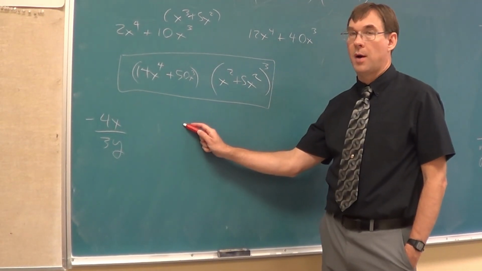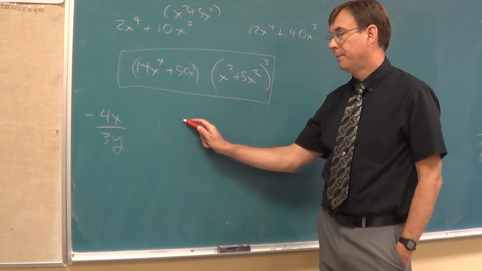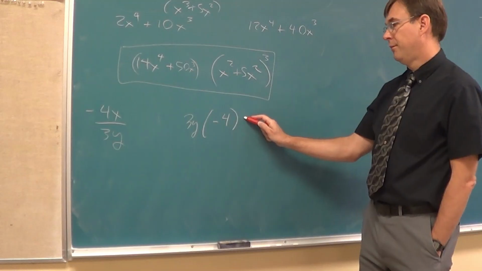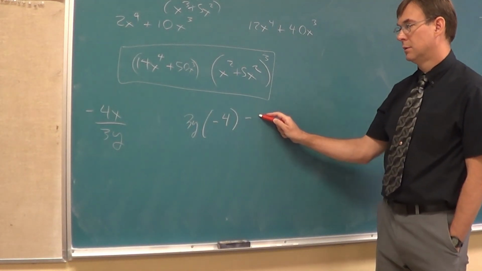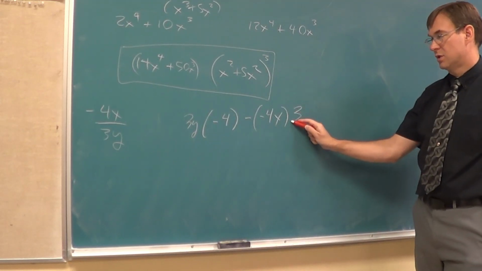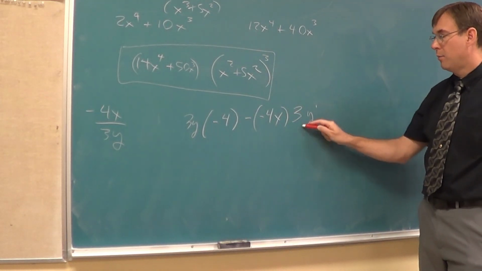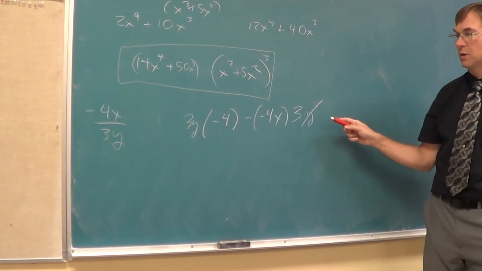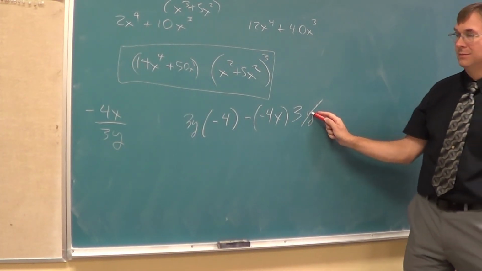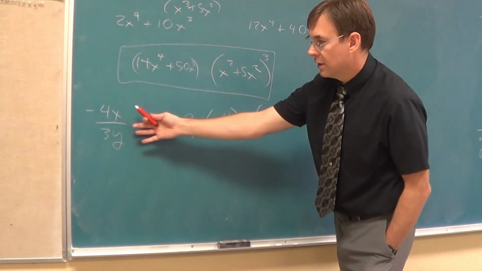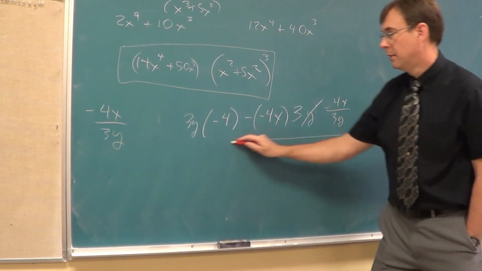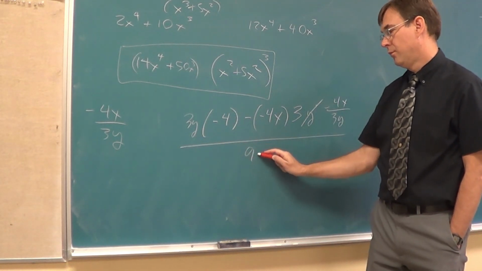So quotient rule, we copy the bottom times derivative of top, minus top times 3y prime, which has got to go. What replaces that? The negative 4x over 3y, the first derivative that I already showed up on the board. Bottom, 9y squared.